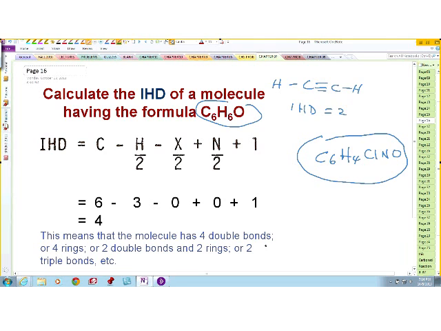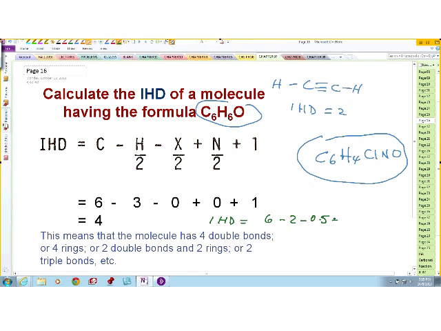So, using the formula, IHD equals the number of carbon atoms, which is 6, right? The number of hydrogens is 4, so 4 divided by 2 is 2. How many halogens do we have? 1. So that is 1 divided by 2, that is 0.5. How many nitrogens do we have? 1.